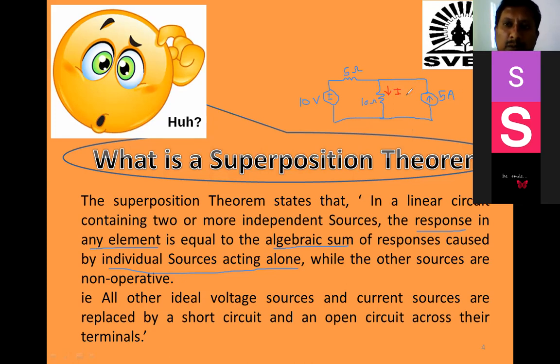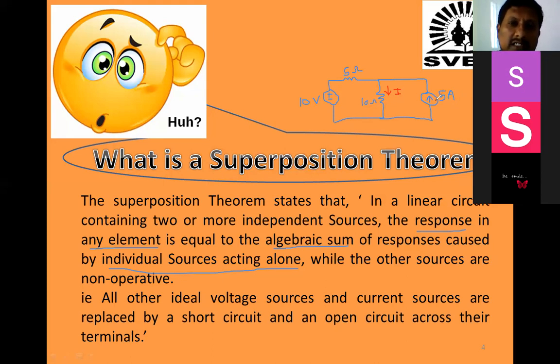Now, first of all, we have to check whether it is a linear circuit or not. Whether it is linear. Yes or no? Yes, sir. Yes, it is linear. Second thing, it contains minimum two independent sources here: 10 volt and here 5 ampere. So two independent sources are present.